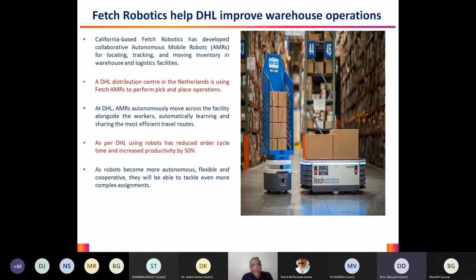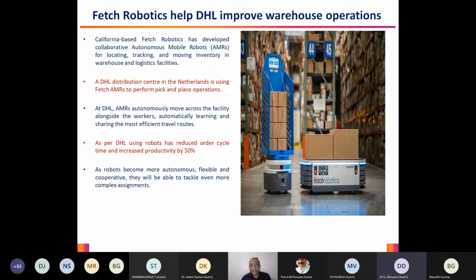They have recently started using the concept of cobots in one of their centers in the Netherlands, where they use autonomous mobile robots designed by a company called Fetch Robotics. Fetch Robotics designs collaborative robots called autonomous mobile robots, or AMRs.